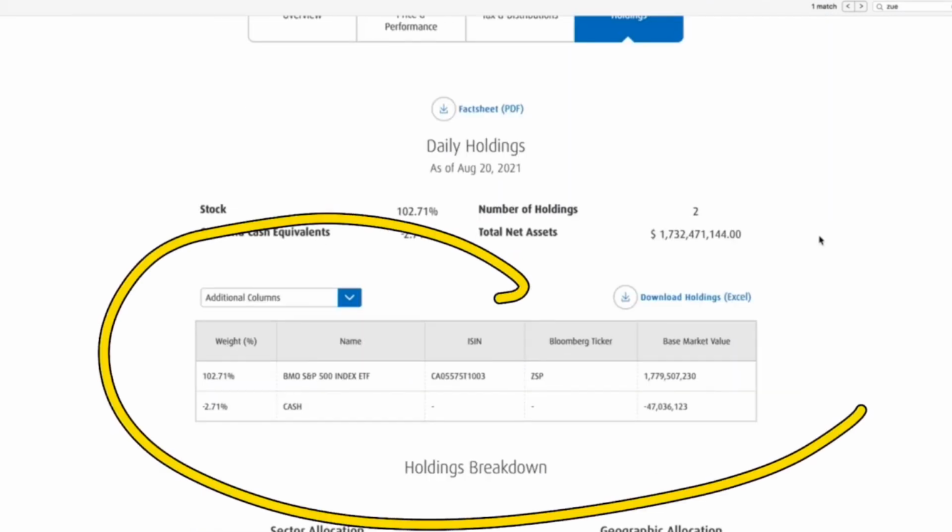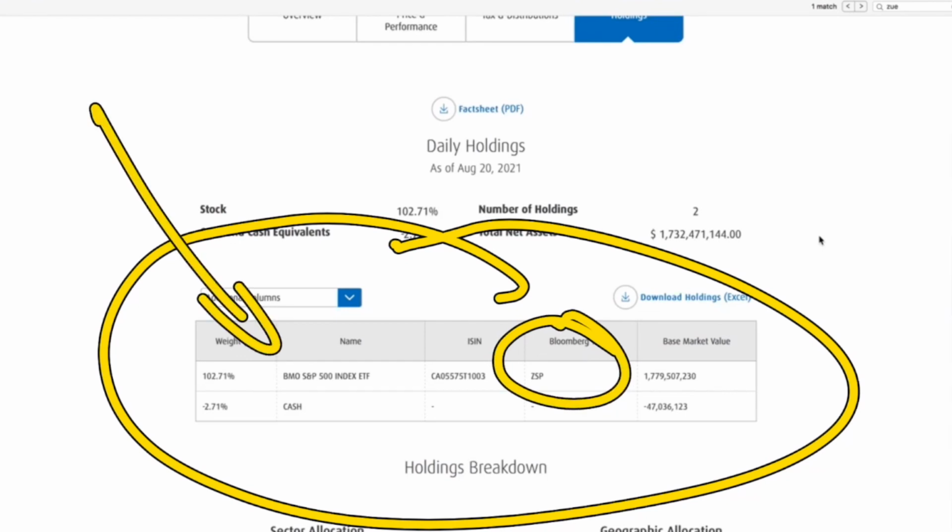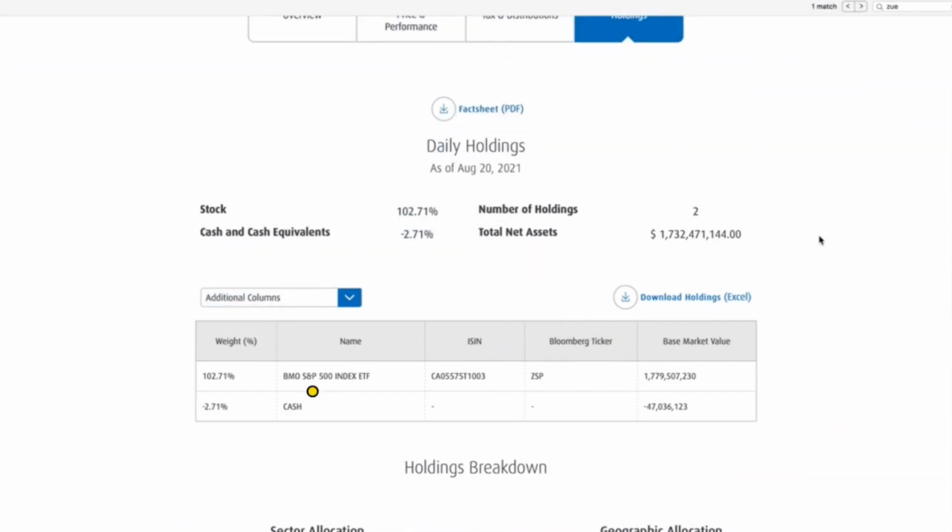So when we look at the holdings of ZUE, it's actually just ZSP, which is the unhedged ETF, the exact same thing. However, a larger portion is held in technically negative cash. What does that really mean altogether?